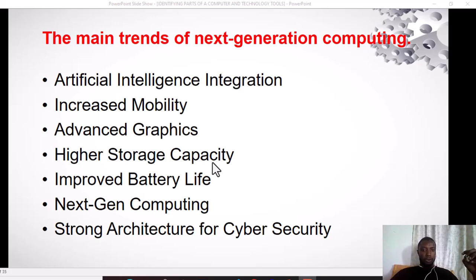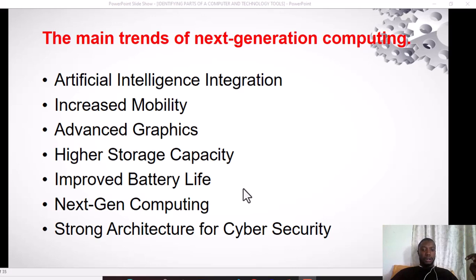Then we talk about improved battery life. As computers are being used for high level research and other work, we need improved, very healthy batteries in order to contain such power. Then we talk about the next generation of computers.